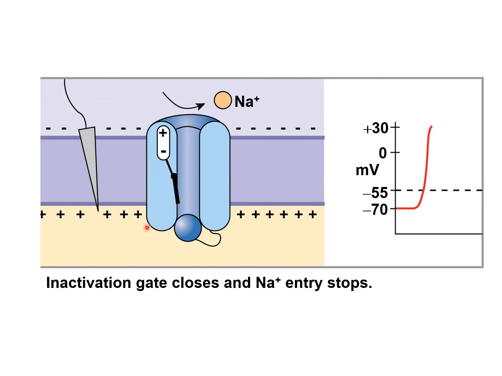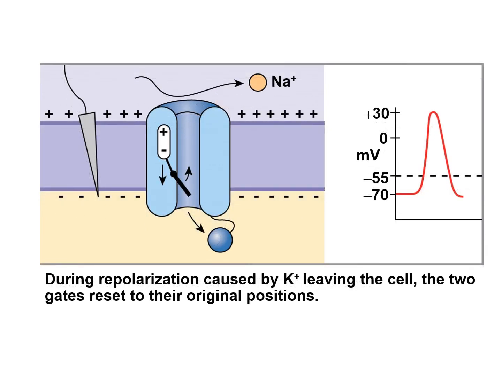But we close that and we're losing potassium simultaneously, and that potassium accelerates the voltage loss. But when we get to about minus 70, minus 75, the channel begins resetting. We close the activation gate and we open the inactivation gate, during this sort of recovery phase, during the undershoot region of that action potential.